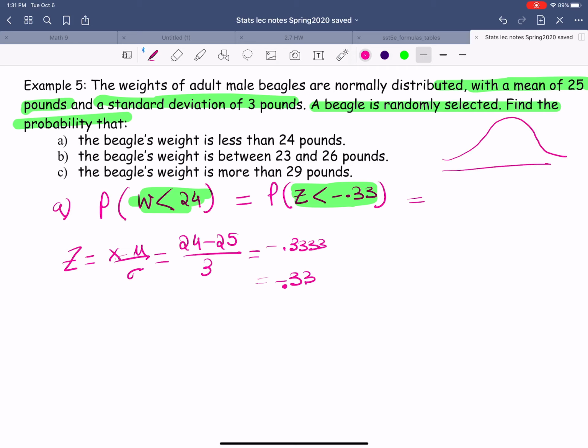Negative 0.33 will be right to the left of 0, so this is the area I'm looking for. We're going to read the z-score table and find negative 0.33, and we will find the corresponding area.